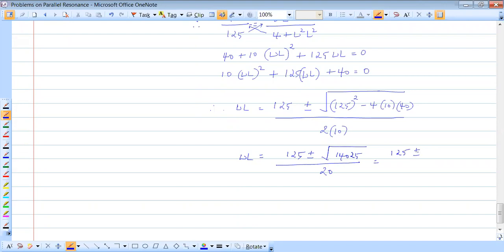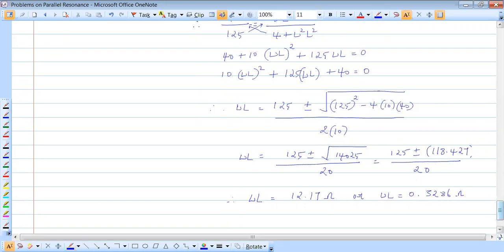It is 118.427, divided by 20. So therefore, our omega L happens to be what? 12.17 is one value, or omega L could even be 0.3286.